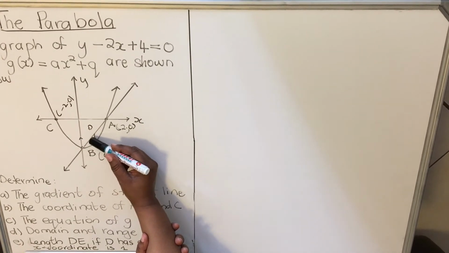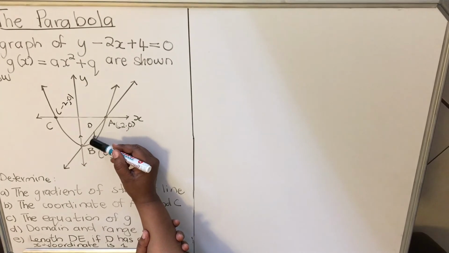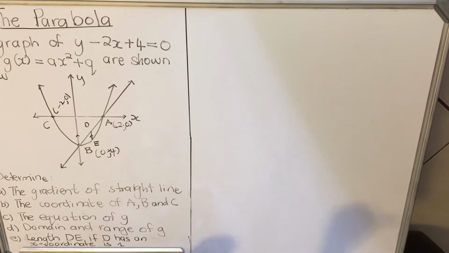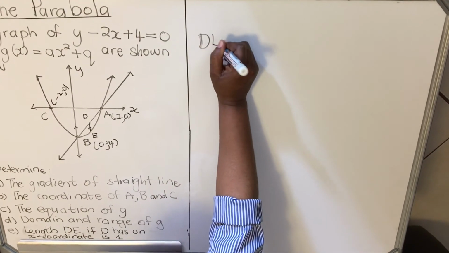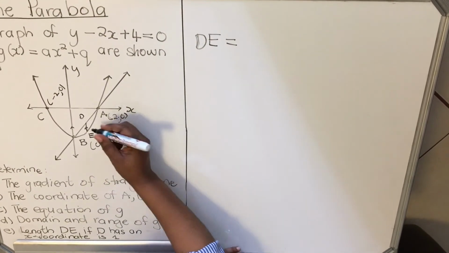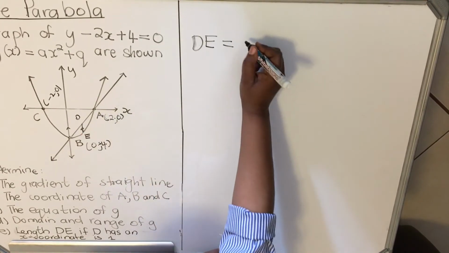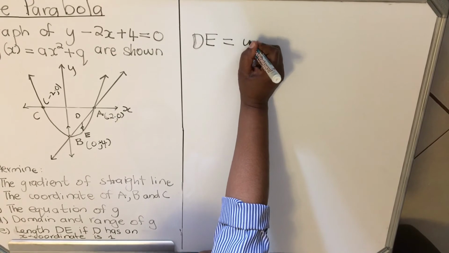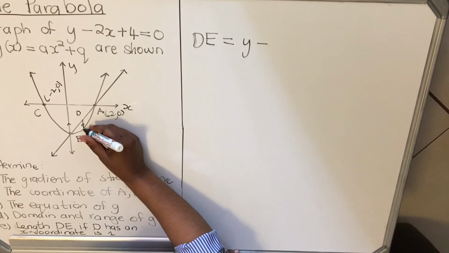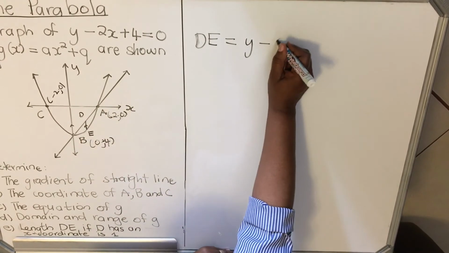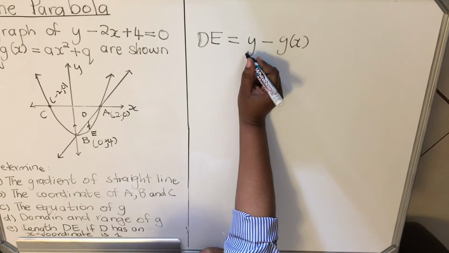When you're looking for a line between two graphs, the formula is DE is equal to the graph that is on the top, in this case the straight line y, minus the one that is on the bottom, in this case g. Usually in a question you'll have f of x, but in this question they said y.